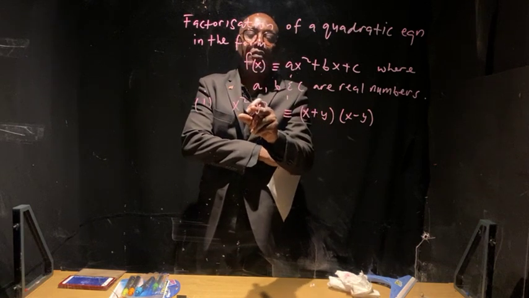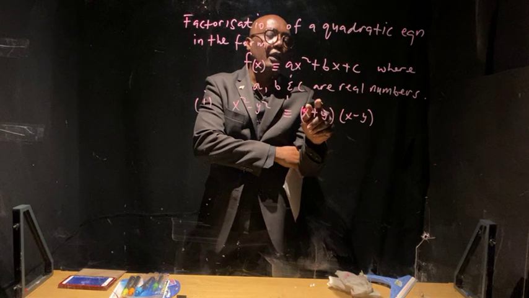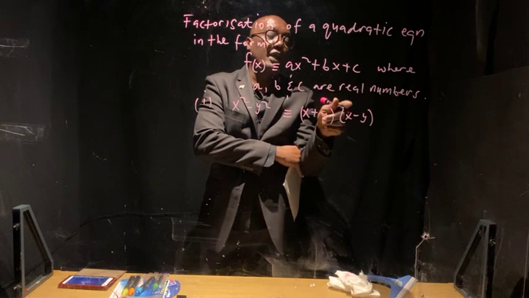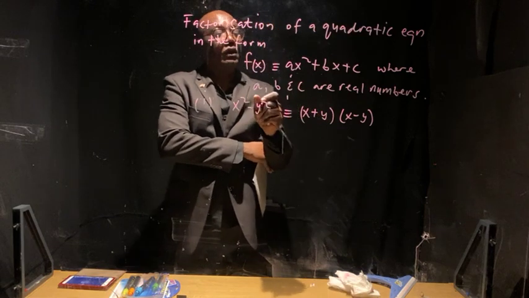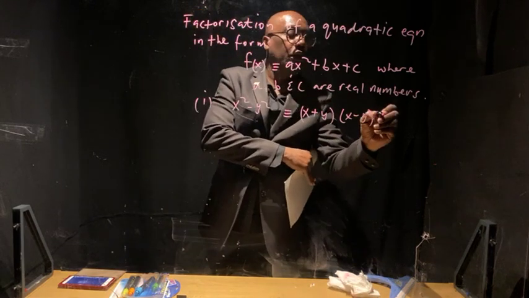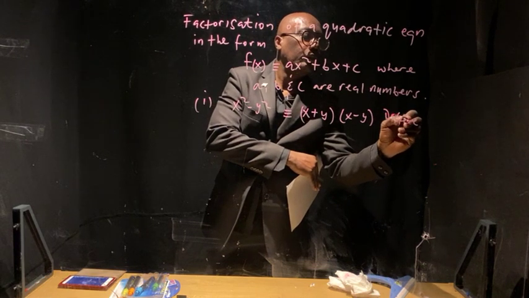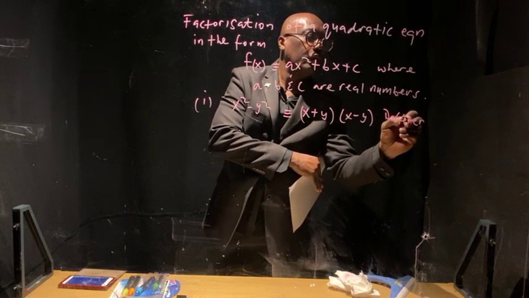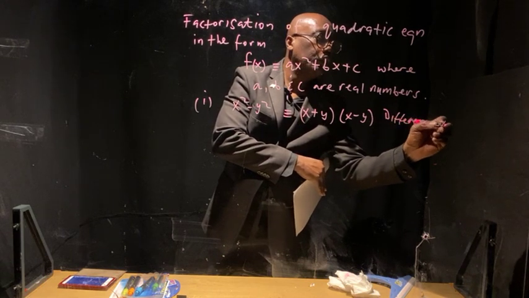So x squared minus y squared is identical to the bracket x plus y multiplied by the bracket x minus y. We call this the difference of two squares.